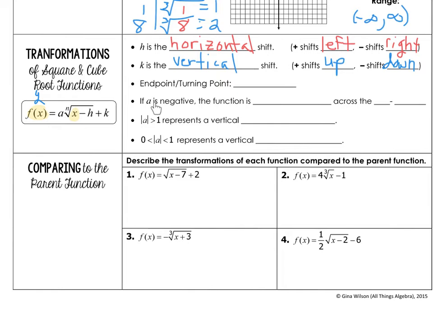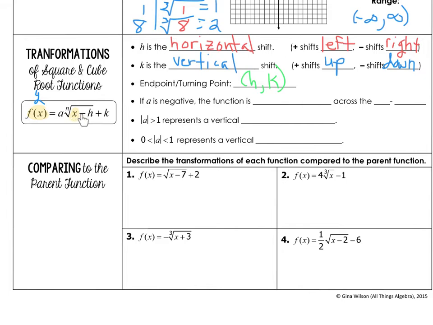Right here, you can figure out your endpoint or your turning point by looking at H and K. So it's going to be H, comma, K. Notice I didn't write positive H. Notice here it says minus H, so whatever H is, you're going to take the opposite of it, and that becomes the H of your endpoint or your turning point.